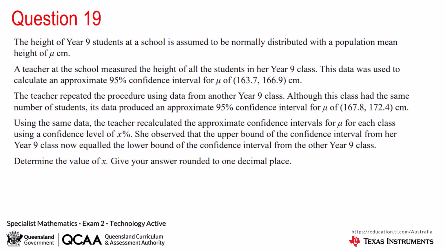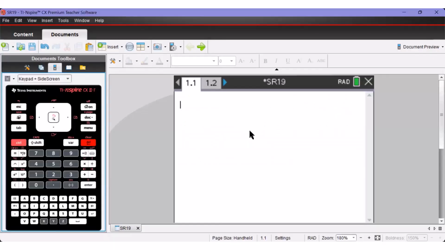And what the teacher observed was that the upper bound of the confidence interval from her Year 9 class now equaled the lower bound of the confidence interval from the other Year 9 class. What we're asked to do is use that information to determine the value of X and give our answer correct to 1 decimal place. Let's have a look at a solution.